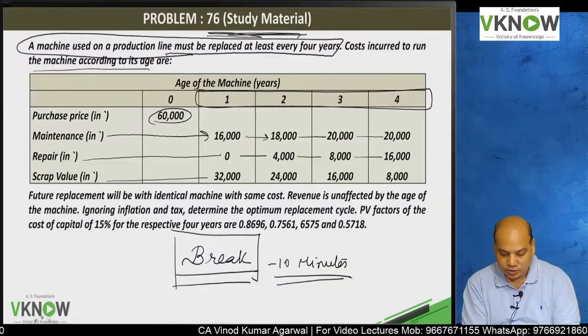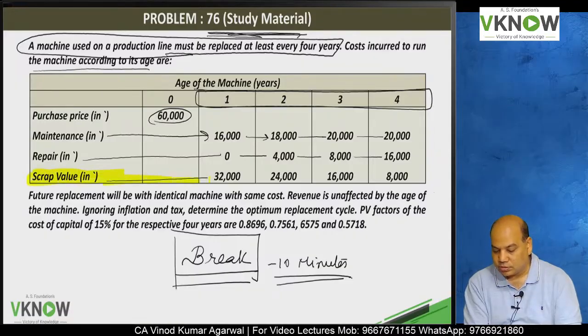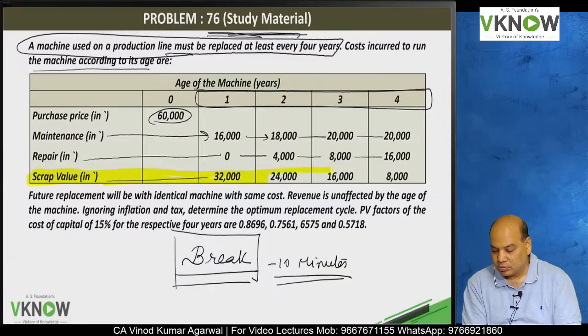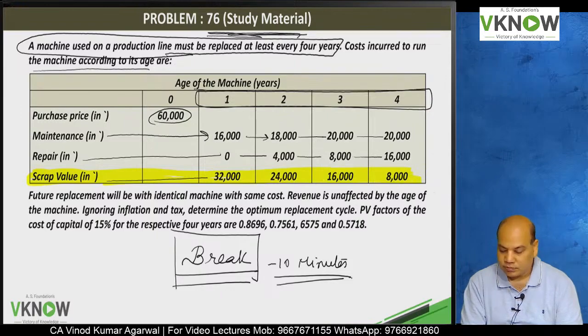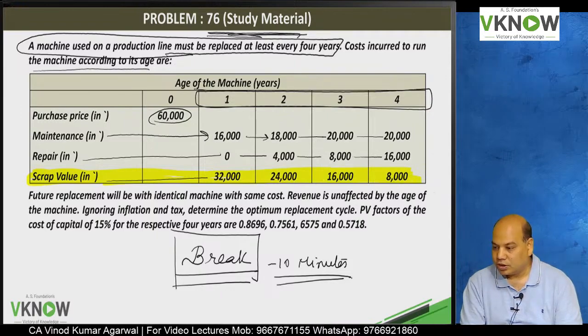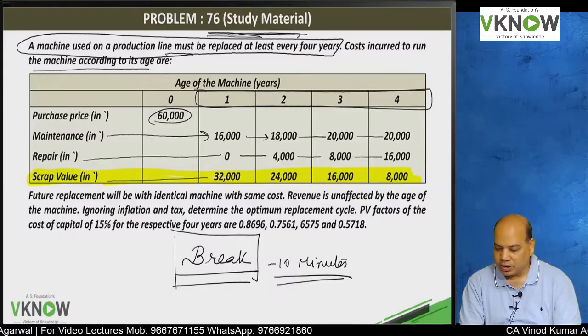Scrap value, if it is not printed in your book, please write it, in rupees. First year if you sell it 32,000, second year 24,000, third year 16,000, fourth year 8,000 only.